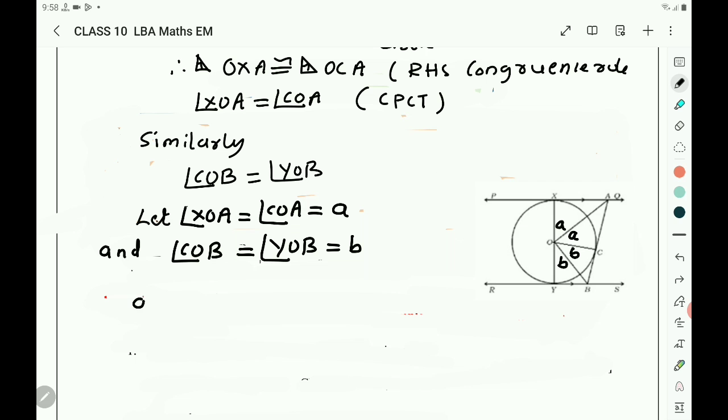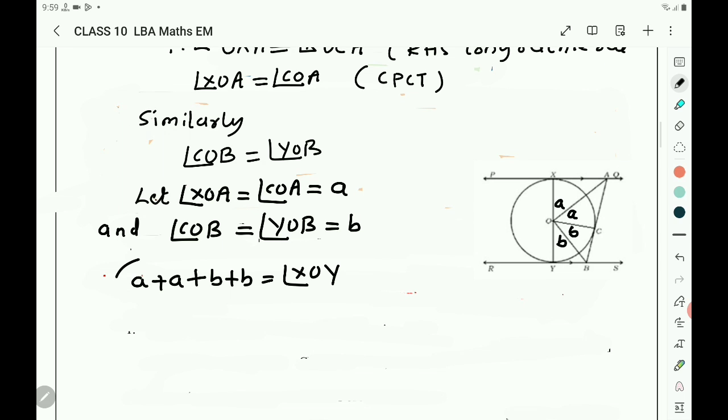A plus A plus B plus B equals which angle? XOY, which is a straight line. Then A plus A to A, B plus B to B is equals to 180 degree because XOY is a straight line.